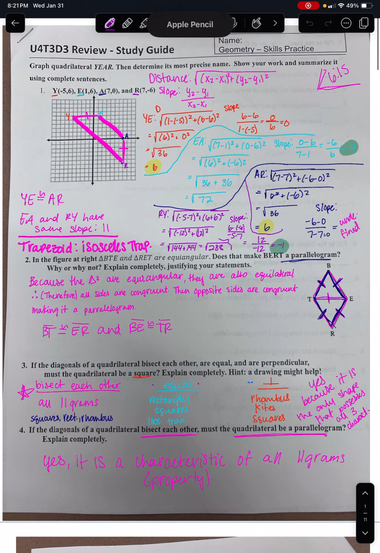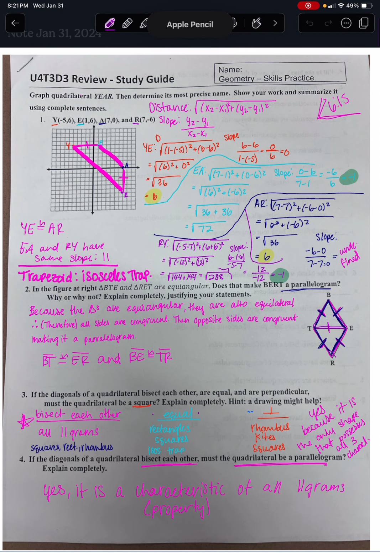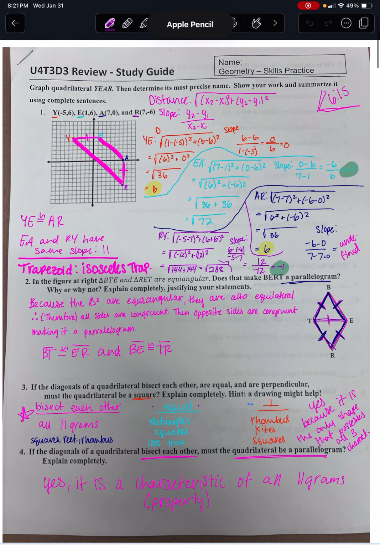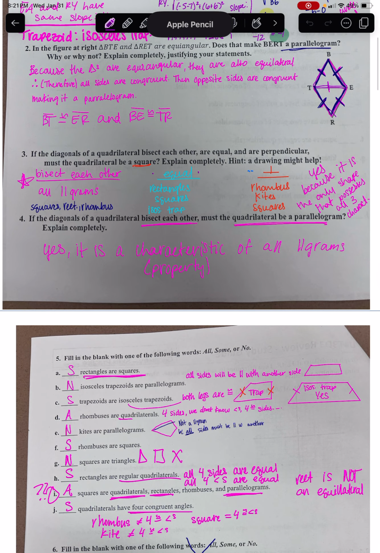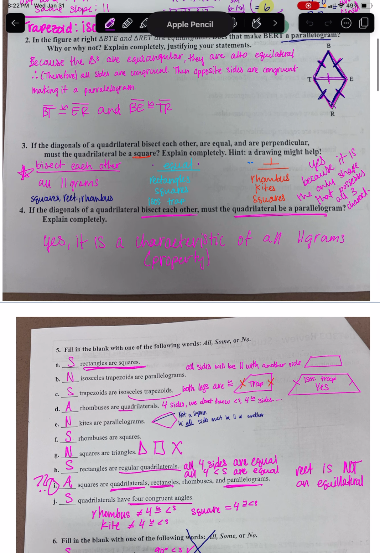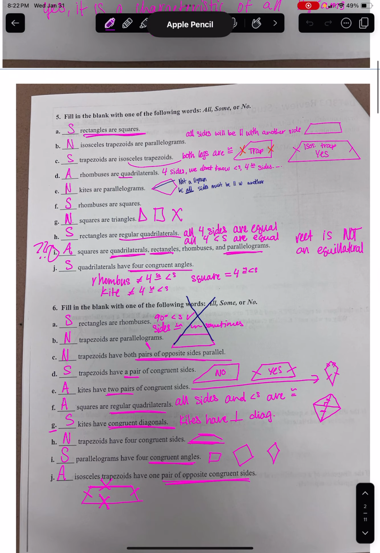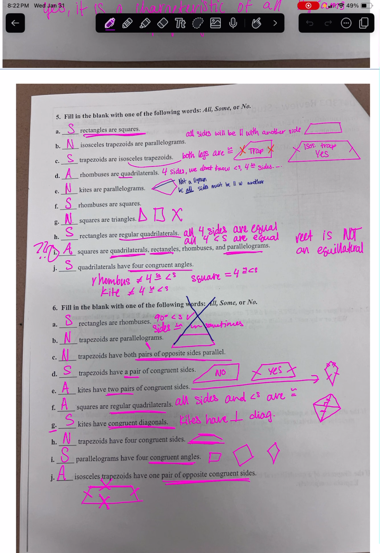Anyways, I would make sure that you know the distance and slope formula. So go over number 1. Definitely number 3. Know the differences between each shape. 5 and 6 are pretty good to know, but it's a lot of memorization. So just draw the pictures if you need to.